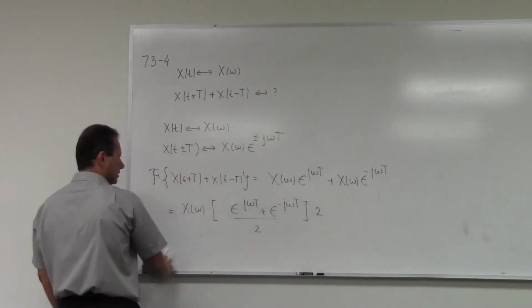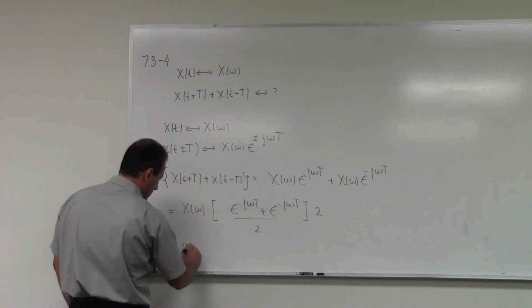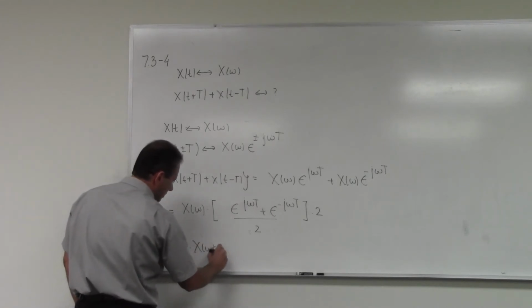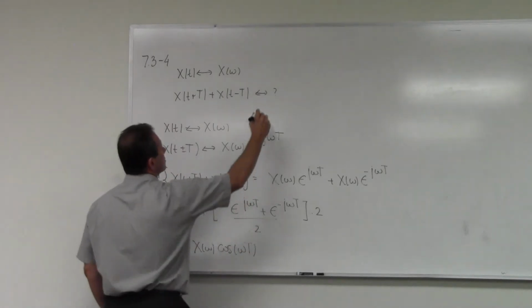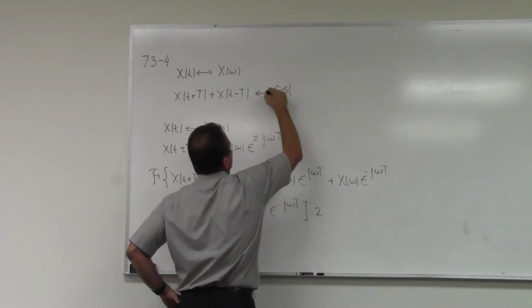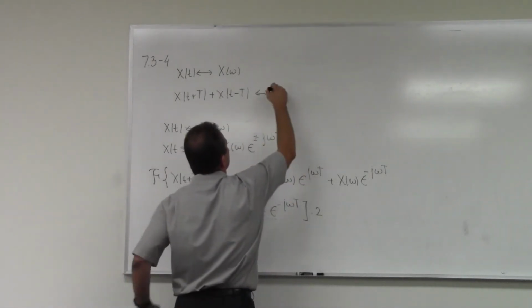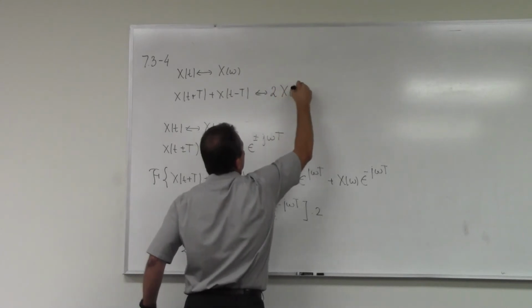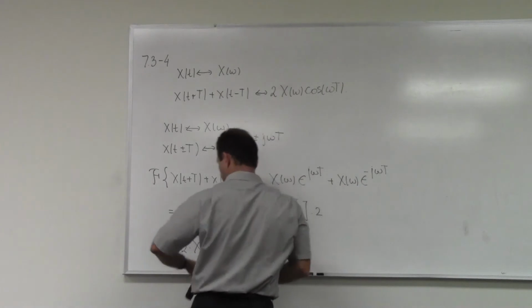You recognize that the term in the square bracket is cosine, so this becomes 2 times x of omega cosine omega capital T.